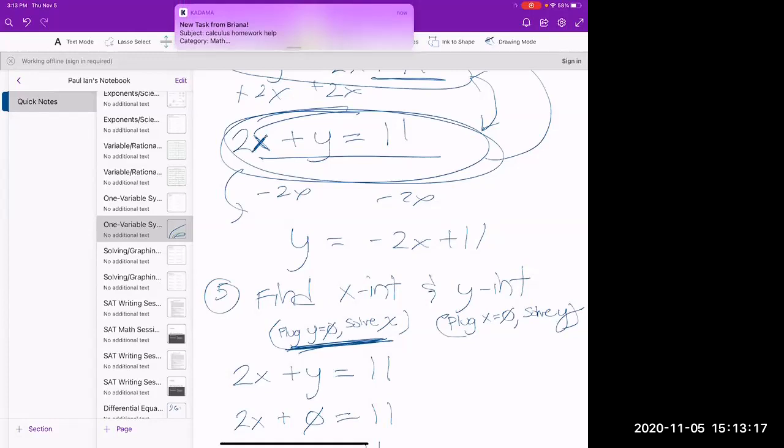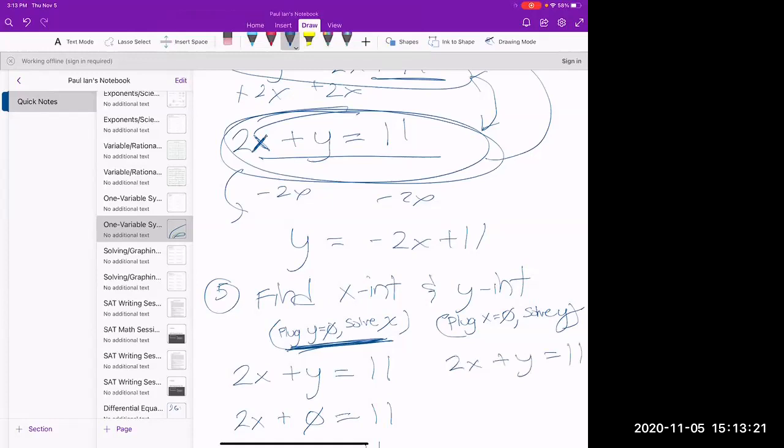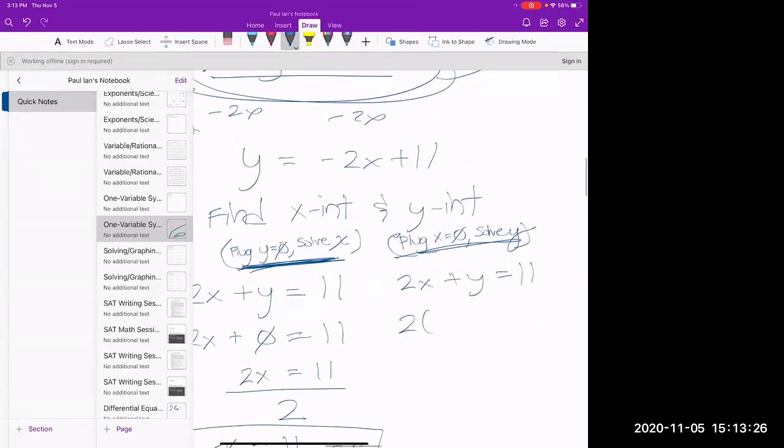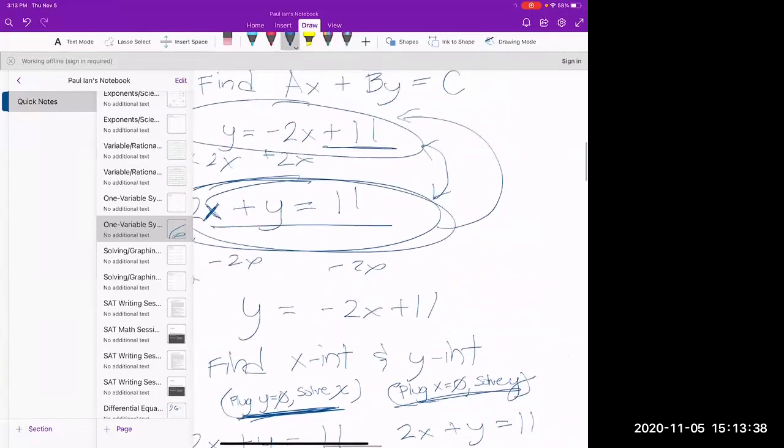So let's do that. 2x plus y equals 11. Let's do exactly what it says. Plug in x equals 0. So 2 times 0 plus y equals 11. Do we have our answer? It's really simple. Yeah. y does equal 11. So yes, the standard form gave us the same answer as the slope-intercept form, which it should.